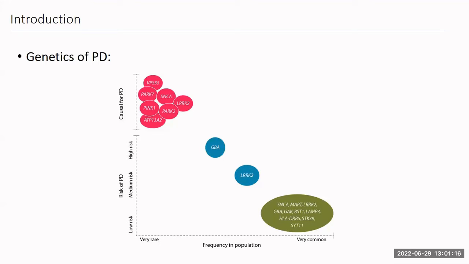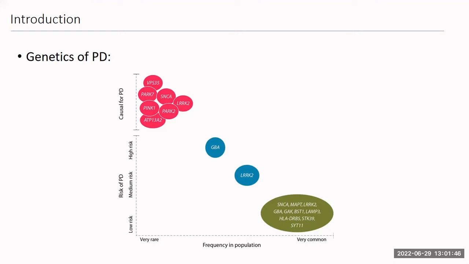On the one hand, there are a number of rare variants in single genes that are sufficient to cause disease. Examples are genes such as SNCA, PARK7, PINK1, PARK2, which is also known as Parkin. Variants in these genes are monogenic, causing Parkinson disease, and are pathogenic variants.